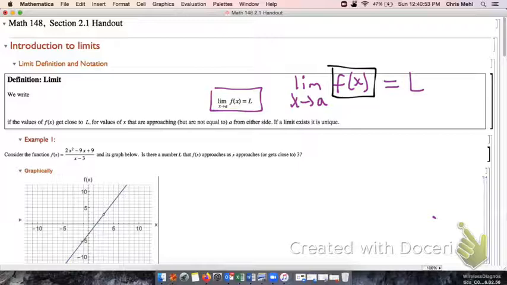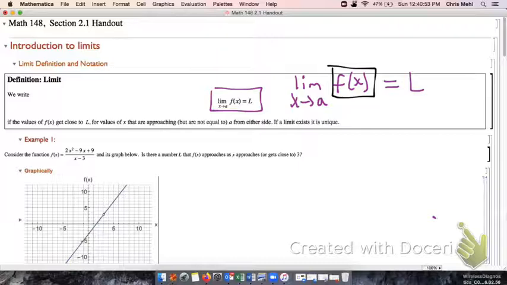That's what a is. So a is some number. It's not necessarily in the domain, but values x in the domain have to approach that a value. And you look at all the corresponding output values f of x, and if they seem to be getting close to a number L, that becomes the limit.